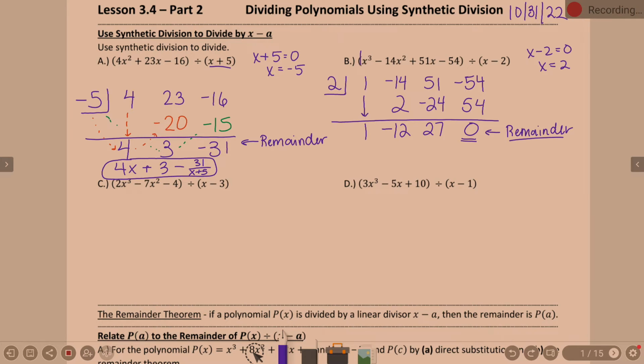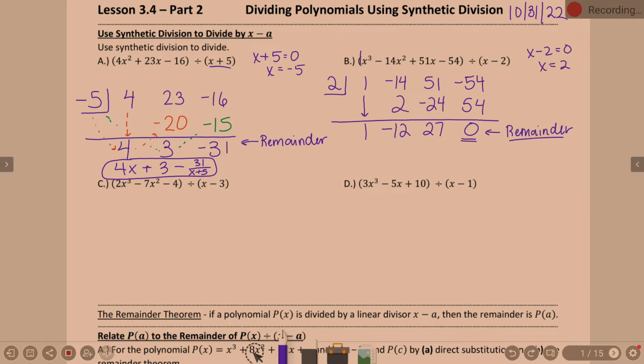Do you know how to express your answer? My pieces of my answer are 1, negative 12, and 27. 1x to what power? The second. Why the second?